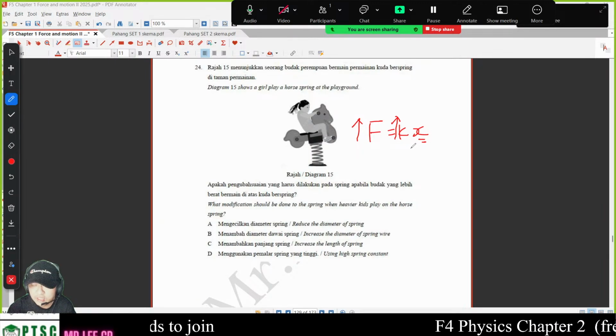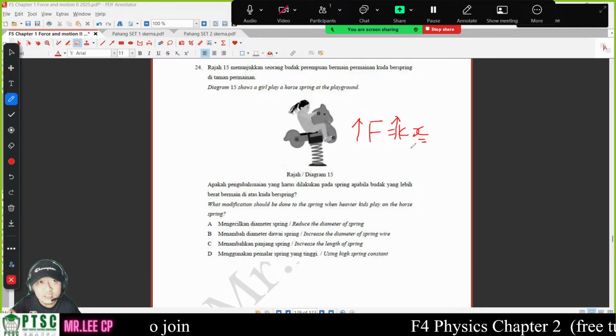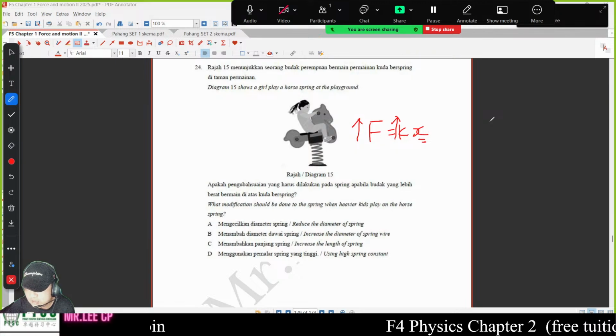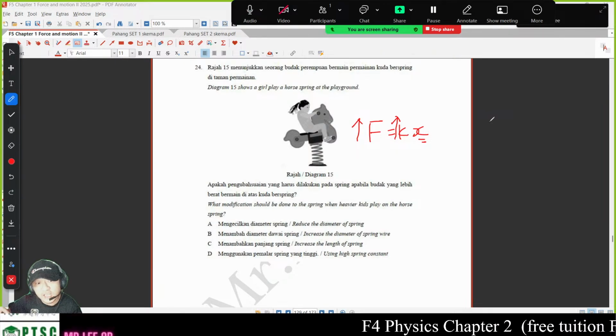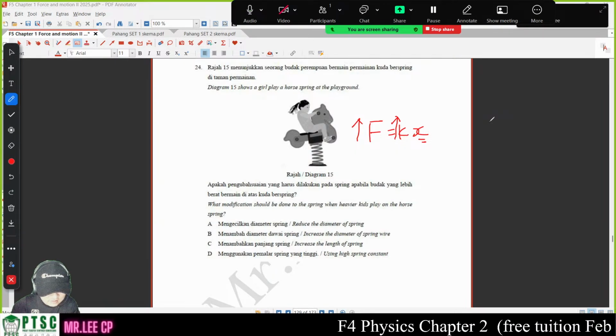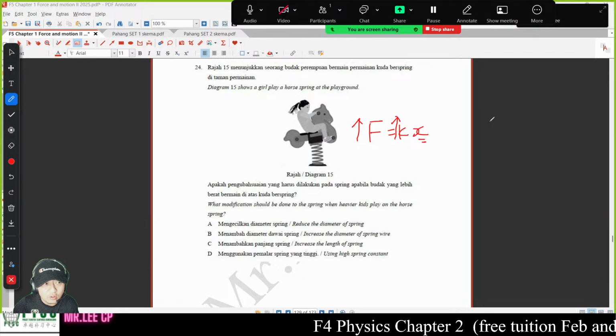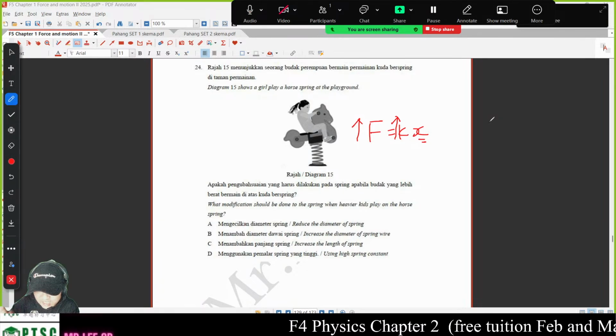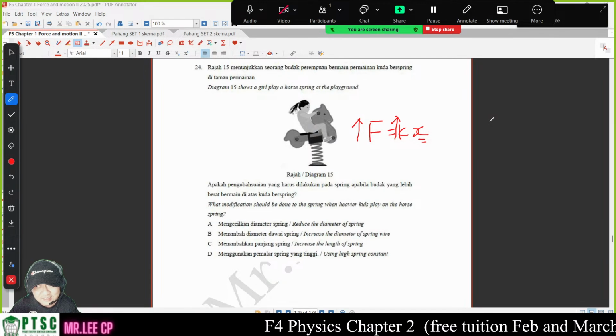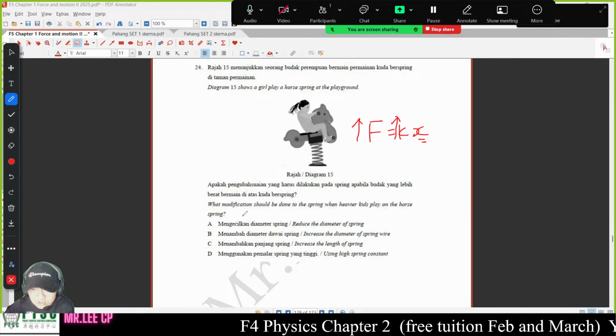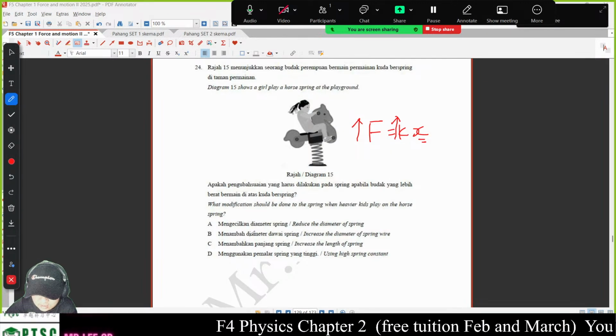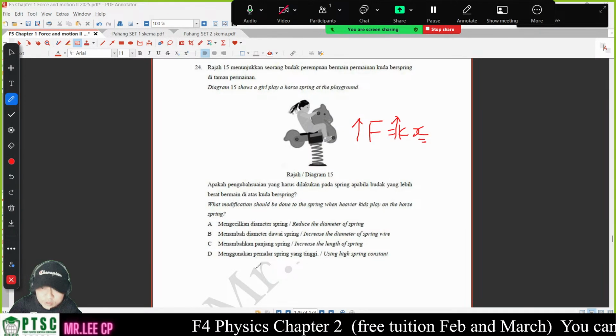K higher, so you got 4 factors, right? One is use a shorter spring. The longer the spring, the X is higher, it extends more. So you want the K higher, so it will extend less. So you cannot use longer wire, have to be shorter wire. Shorter wire, here don't have.